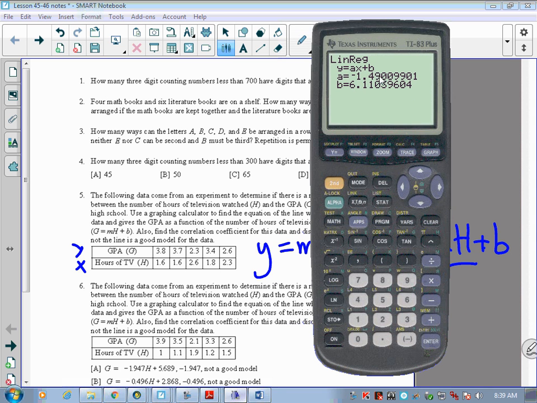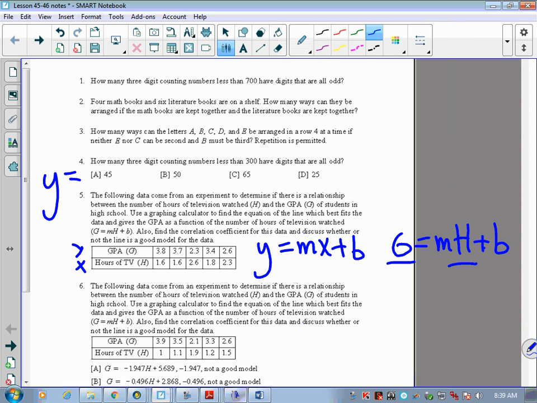Okay, so what you'll see here is that they're saying y equals ax plus b, where a, which is my slope, is negative 1.5, and my intercept is 6.1. So the answer here, we would write, y, oh, I lost my stuff there.